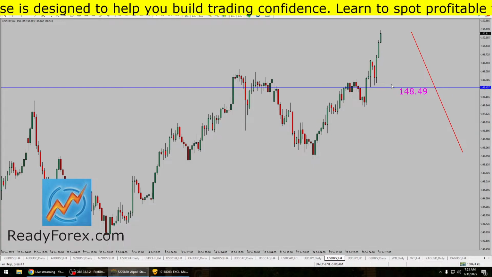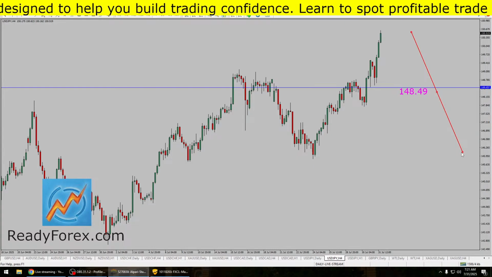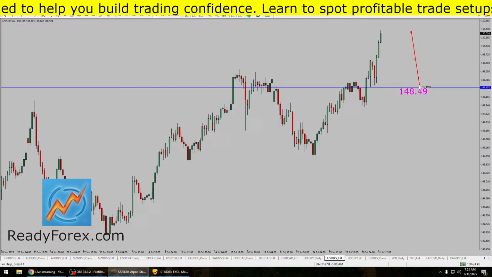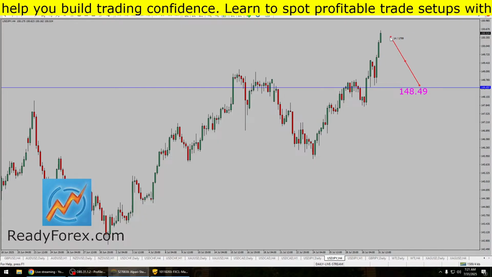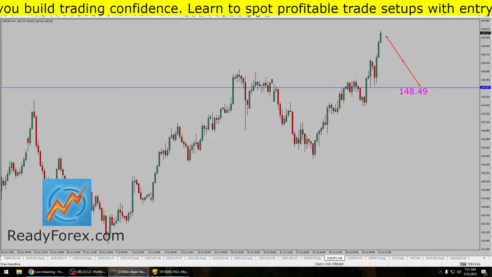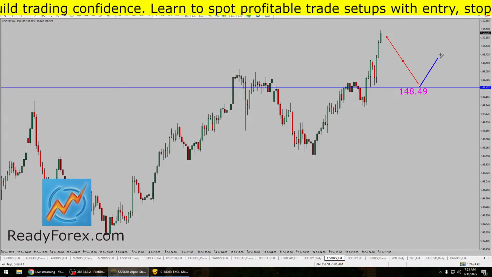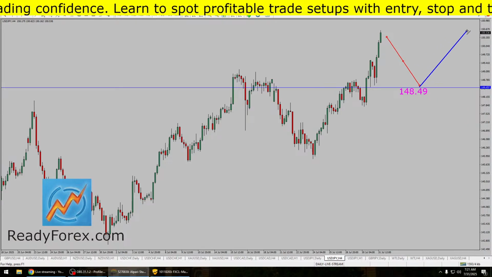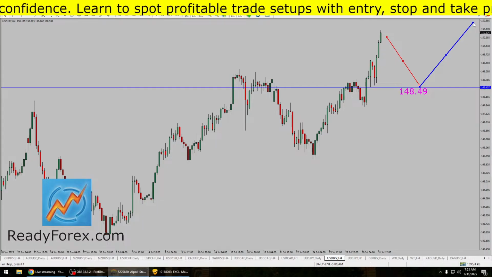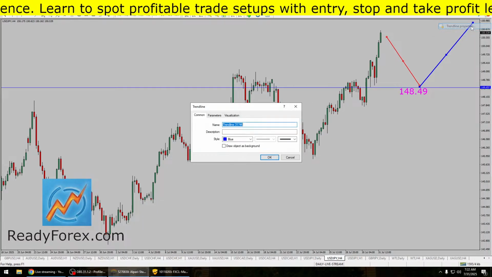Now it means that price could fall around this support area, and this provides us a potential buy setup trading chance or buy zone, whatever you want to name it.